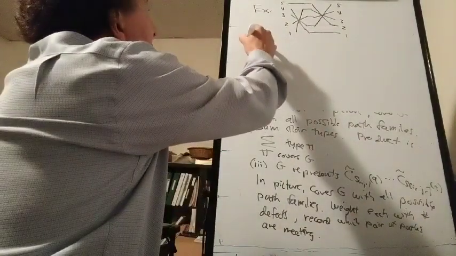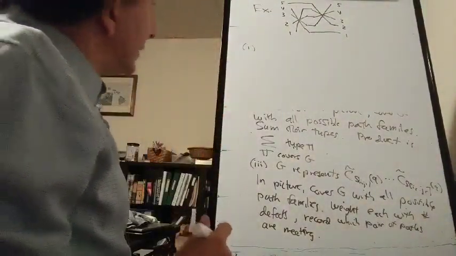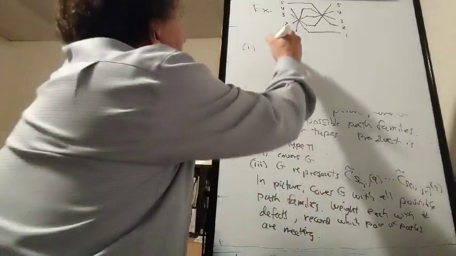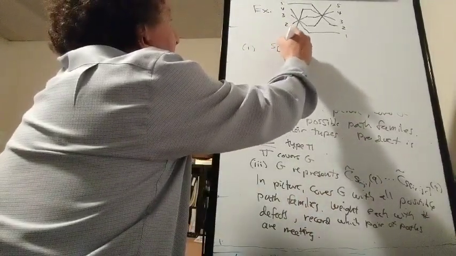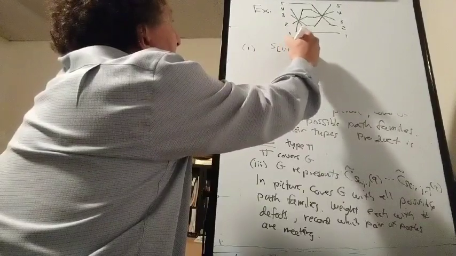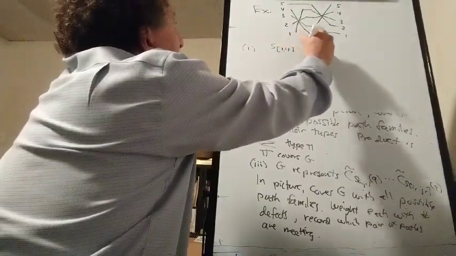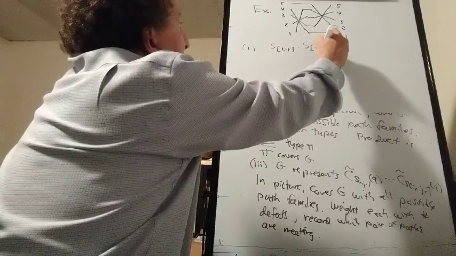Alright, so our first use of this star network is to record S14, the reversal S14, times the reversal S25.